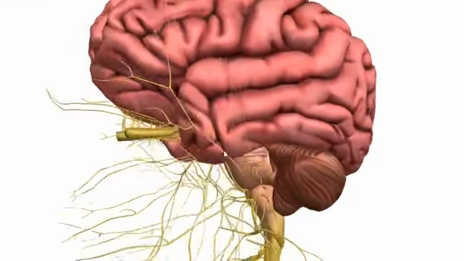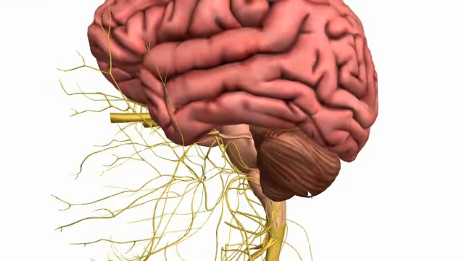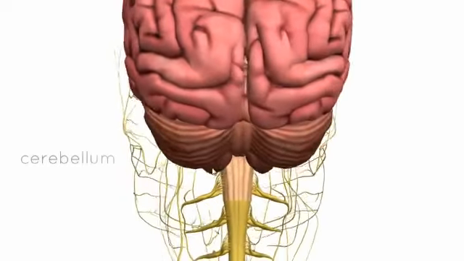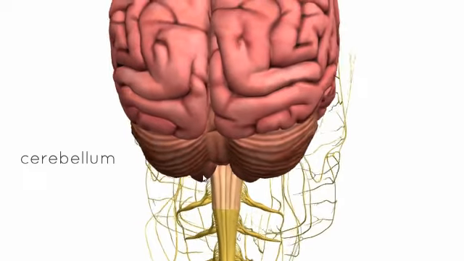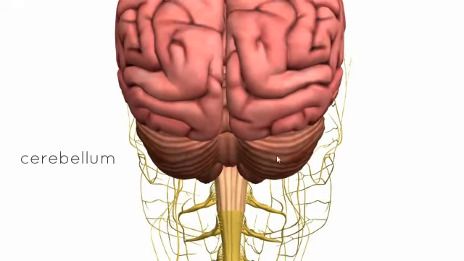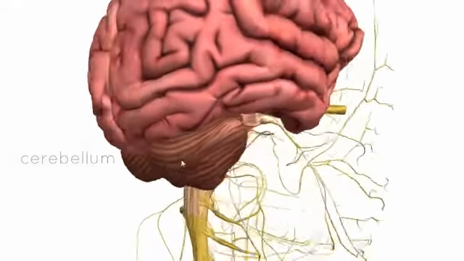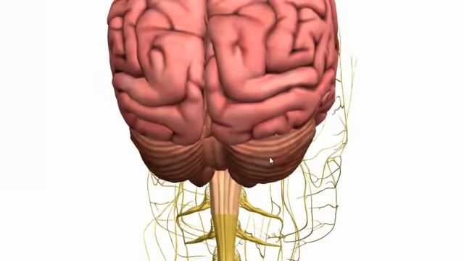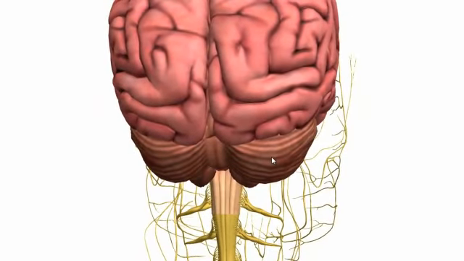The cerebellum is this part of the brain which sits behind the brainstem. You can see it here sitting directly behind the brainstem, and you can see it has these two lobes. Cerebellum means little brain in Latin, and it has loads of connections with the brainstem, and it's important in motor control, coordination, balance, and muscle tone.